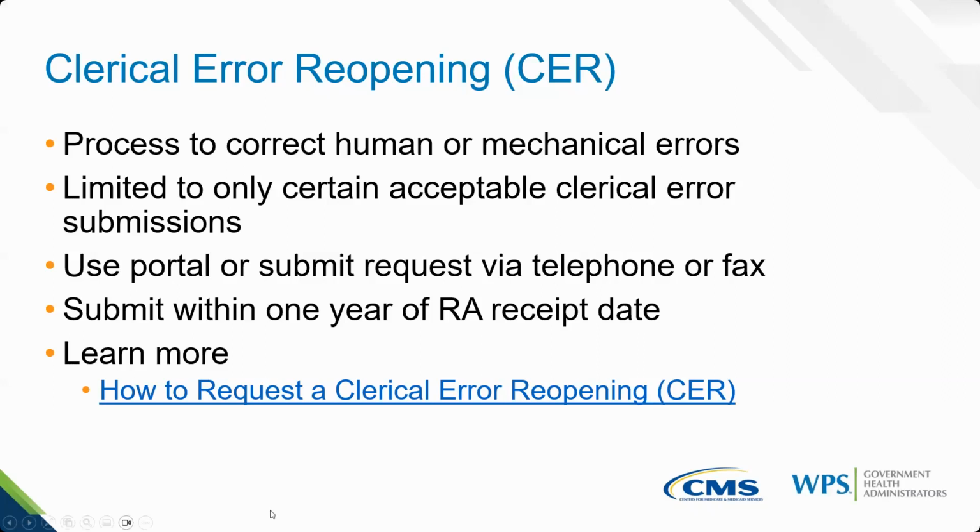This includes comprehensive error rate testing issues, any provider enrollment issues, wrong payee situations, and some of those complex claim situations, such as when you bill for a not otherwise classified or NOC code, or claims with those modifiers that require documentation, such as the 22 modifier.